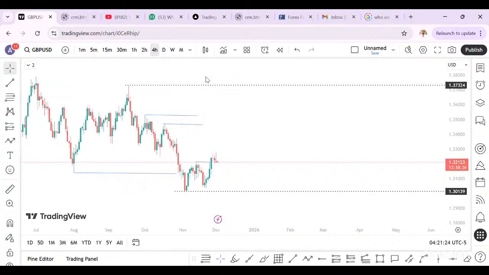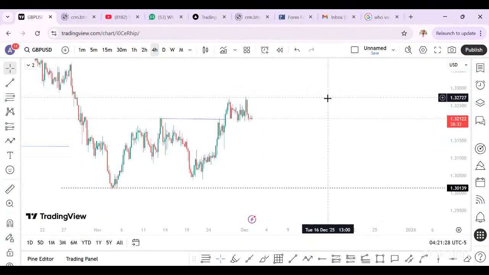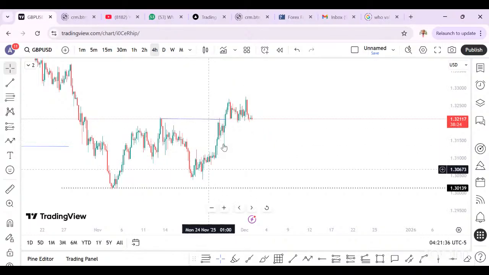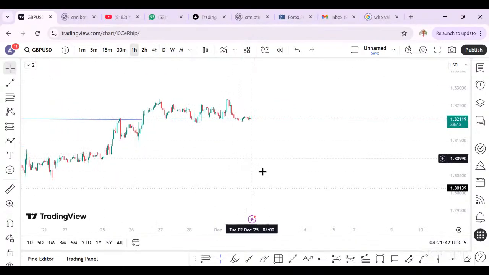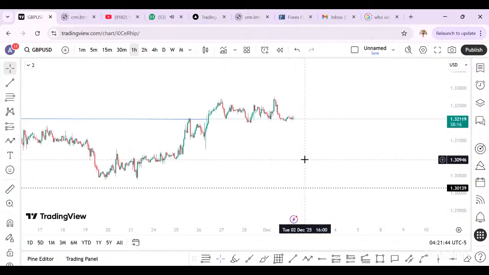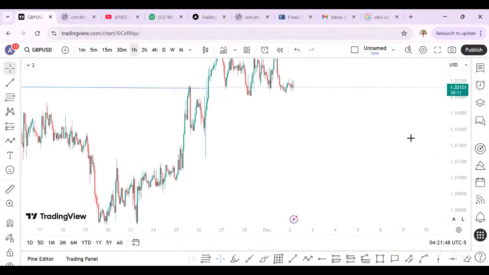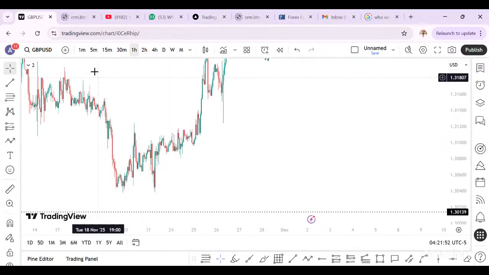So let's go to 4 hours now. Daily has given us a profile. Now my problem is that we don't have a fair value gap here to really say price will come to. Let's check if we can get one on 1 hour. All price ranges are well balanced, so there's no imbalance anywhere that we can refer to.